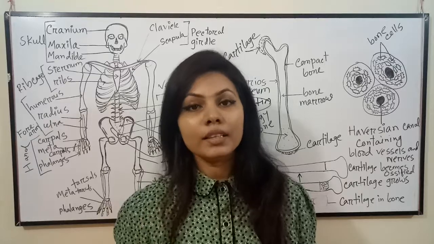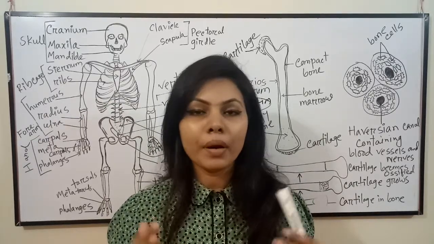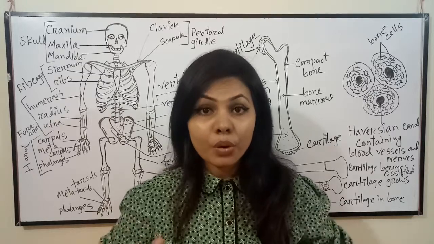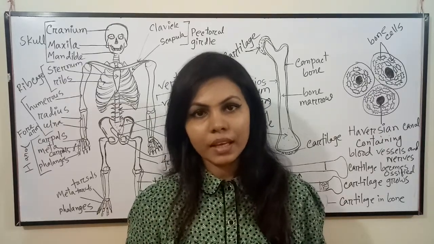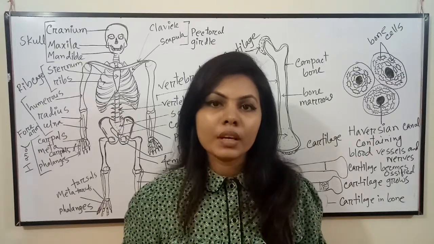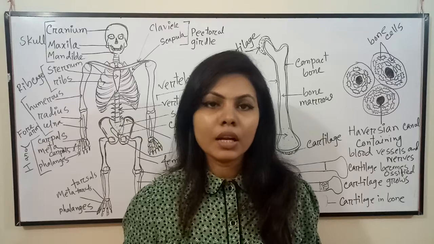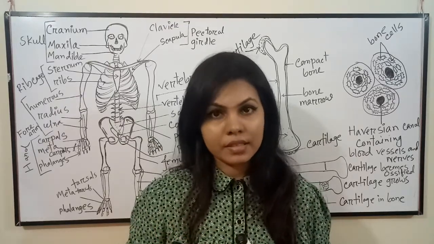But cartilage remains present at the ends of the long bones because a person's long bones grow until they are in their late teens. Okay, so another important matter is that the bones do not grow in length at their ends.